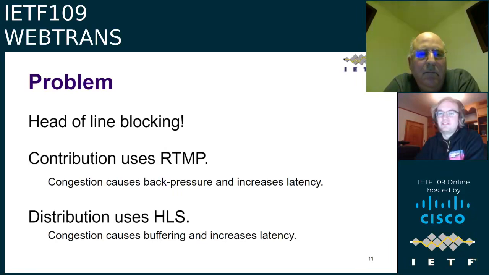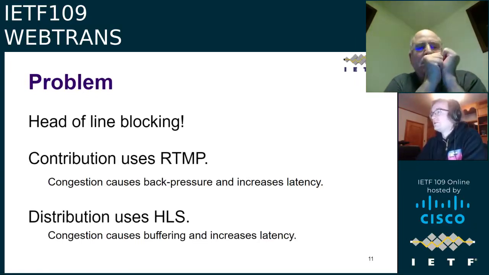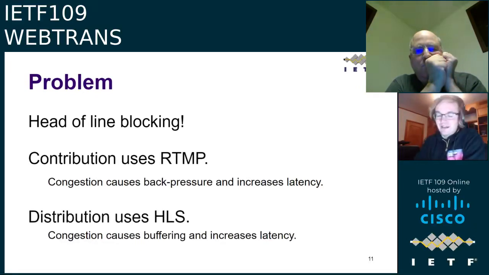Anytime you have congestion, it just causes the queue to back up. When you're contributing to a website, like creating a stream, we use RTMP at Twitch, and congestion causes back pressure, which increases latency.